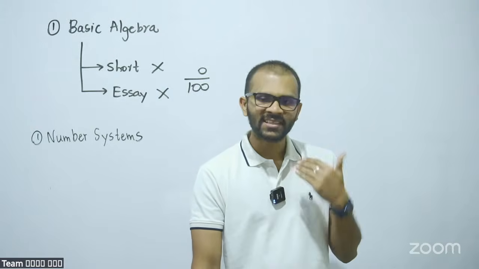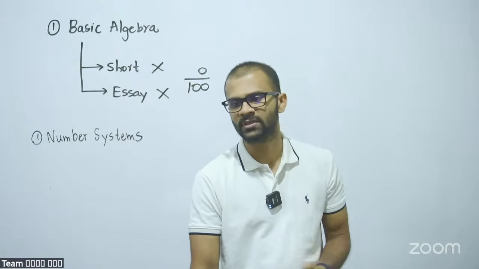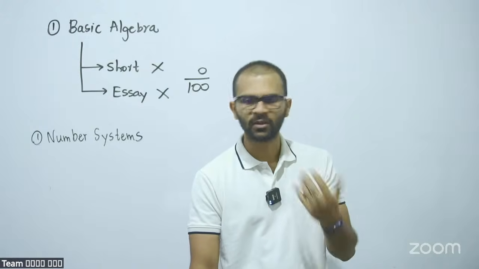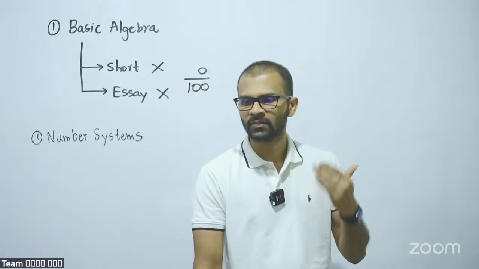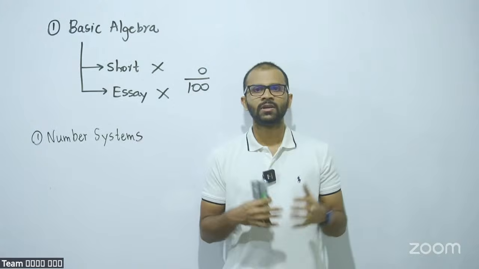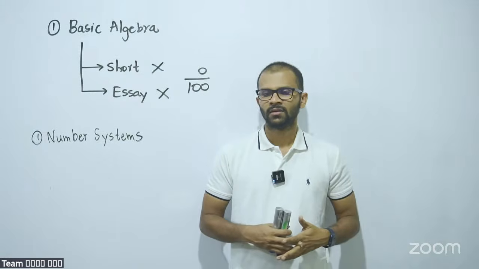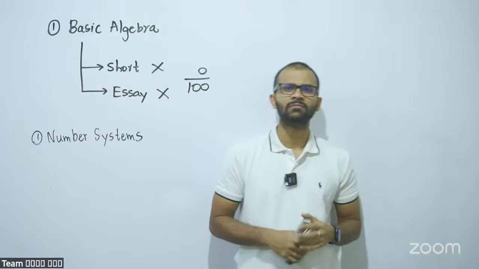For financial mathematics, we need numbers. How many coins, how many notes, how many dollars, how many rupees, how many items are there. So we have to use some sort of a language to count. So what are the counting numbers?